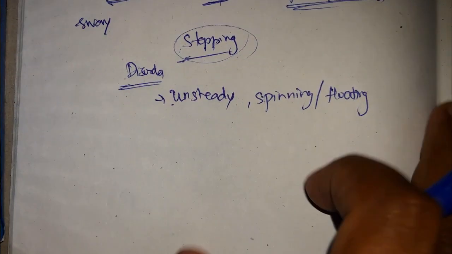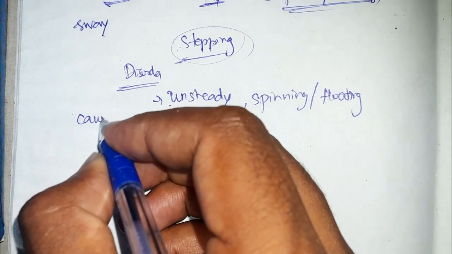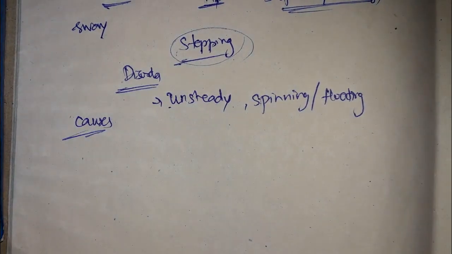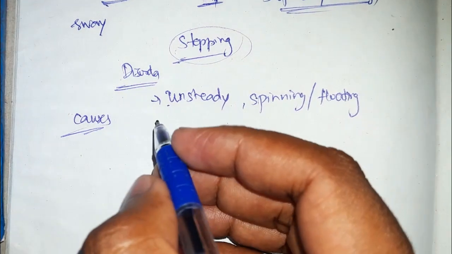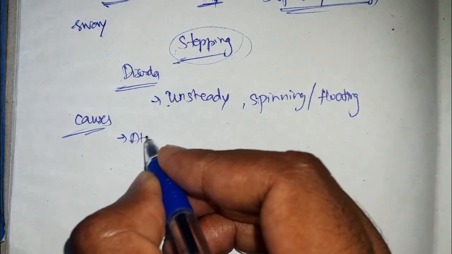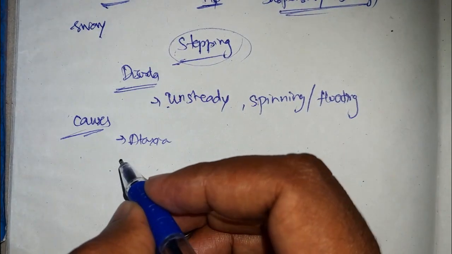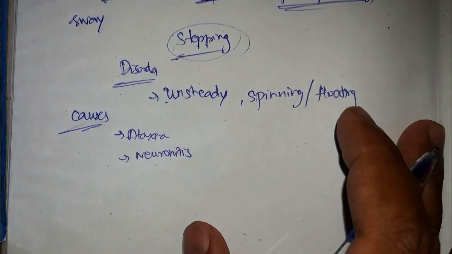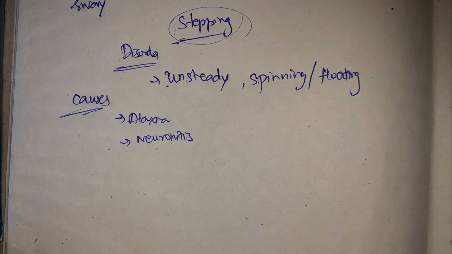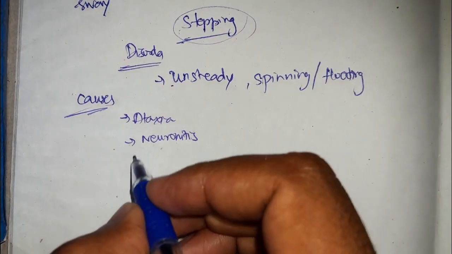Why does a balance disorder come? What are the causes? It is caused by various disorders. Sensory system disorders like sensory ataxia, vestibular neuronitis and vertigo, that is benign paroxysmal positional vertigo, neuropathic joints.